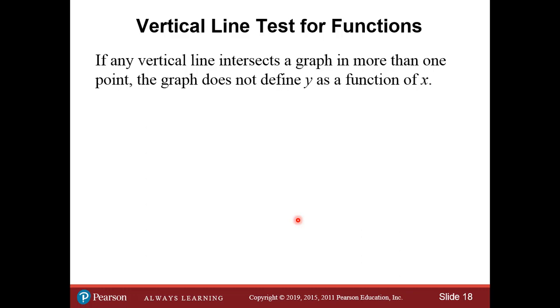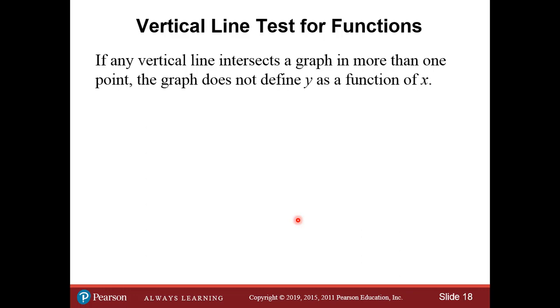Okay, now the vertical line test for functions. The vertical line test is an easy and quick way to determine whether you have a function or not. Remember, the definition of a function is that for every x value that you plug into the relationship, you only get one y value out.